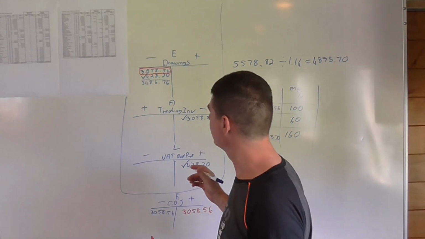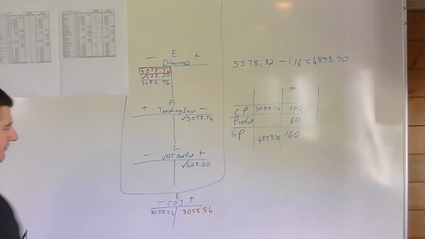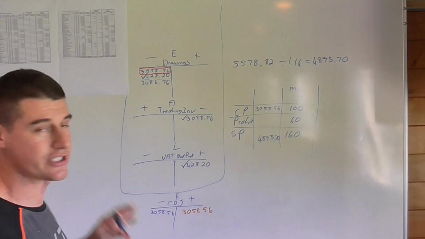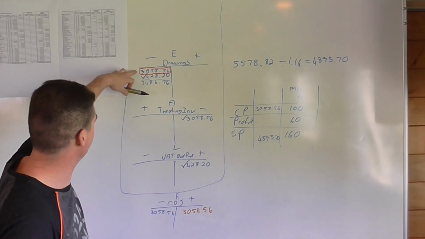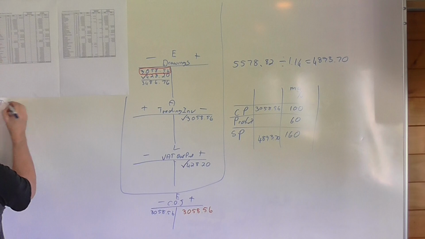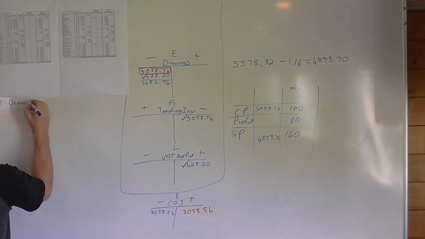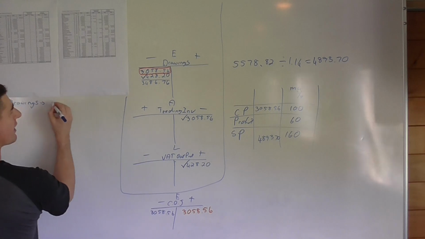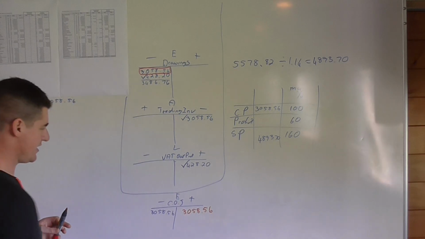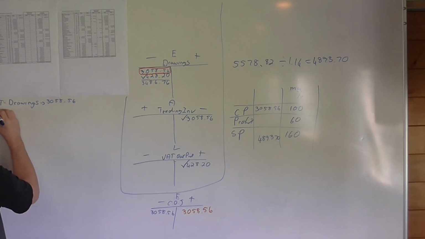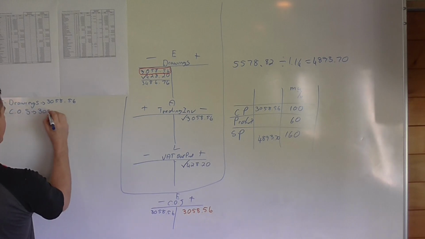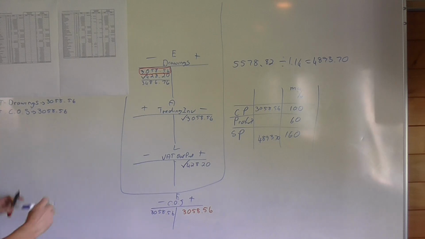In order to fix it, I'm just going to make a little note over here, because I'm going to put all the information into the trial balance at a later stage. I just want to make notes of everything that we have to fix. So we need to fix the drawings and the cost of sales. We have to debit drawings with an amount of 3058.56, and we need to credit cost of sales with the amount of 3058.56.